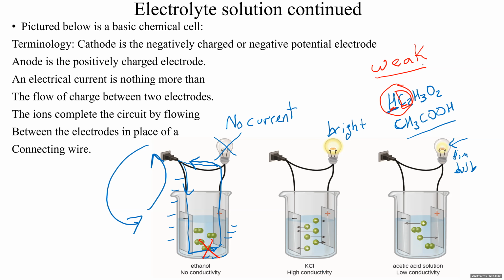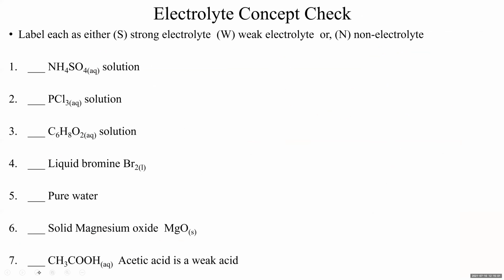By definition, all weak acids are weak electrolytes, but not all weak electrolytes are weak acids. There are other kinds of weak electrolytes. But all weak acids behave as weak electrolytes in solution. Now, there's one other thing I want to mention, but I'll mention it in the course of looking over our example here, because there are a couple of points I want to make.